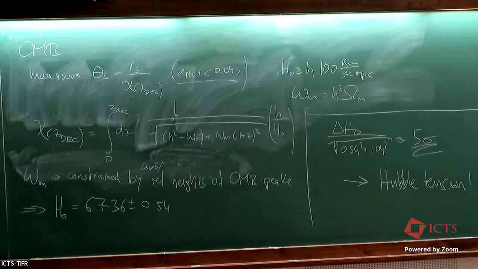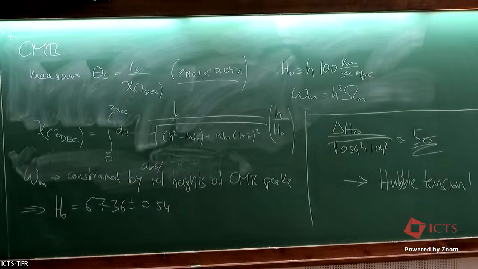Absolutely. So we have to start from there and reach here. If we want to introduce new physics, then we have to start from there and get those values. Yeah, exactly. So that's very important. This whole CMB story is lambda CDM dependent.